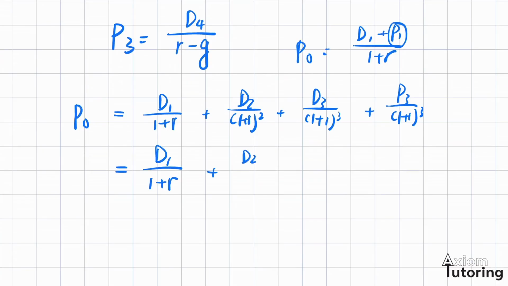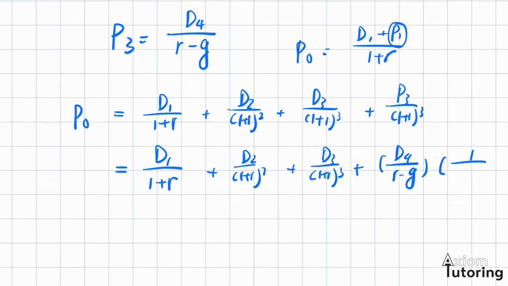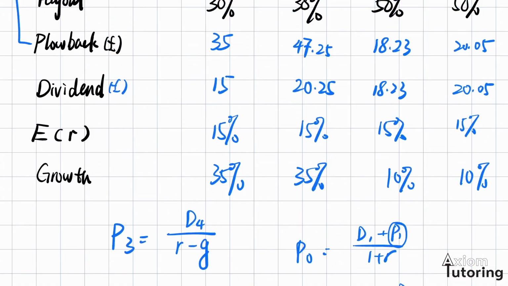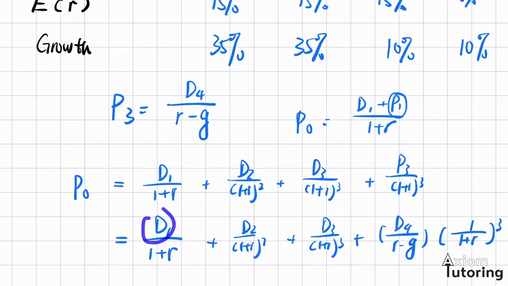Okay, so finally, we would have everything that we need to calculate the price. D2 over 1 plus R to the power of 2, plus D3 over 1 plus R to the power of 3, plus D4 over R minus G, and then discounted back to the present using this, okay? Right? So this is how we calculate the P0. The rest of this problem is basically plugging in the numbers here. Do we have D1? Yes, we do.